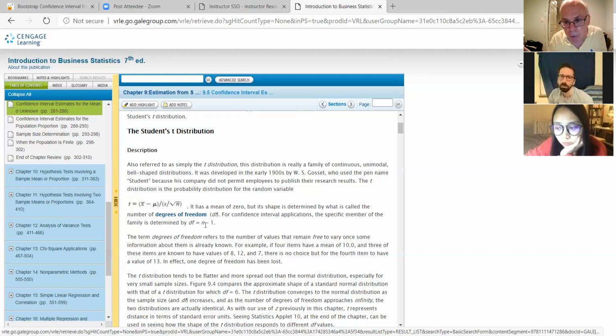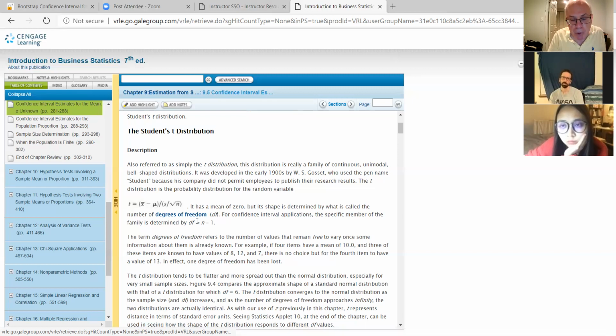Well, the answer is 49. If we know the mean, we only need to know the other 49 people's values, and you can figure out the 50th person's value. That person's fixed. That's what they mean by degrees of freedom: how many flexible values do we have. In this case, 49 values can change because the 50th value is fixed based on the mean that we're estimating. So you have to remember that it's sample size minus 1.